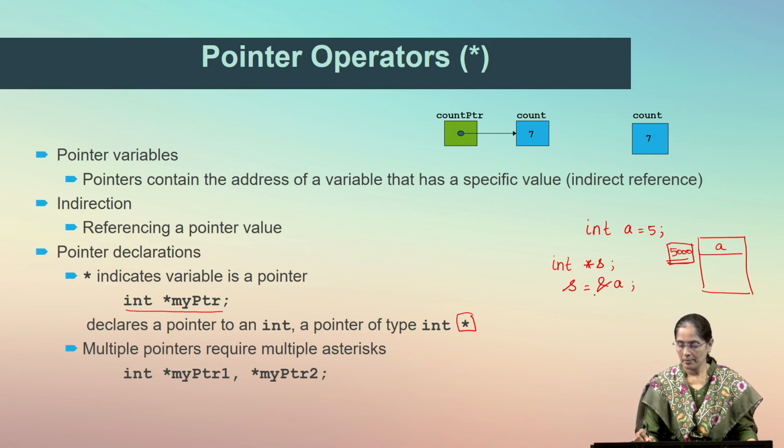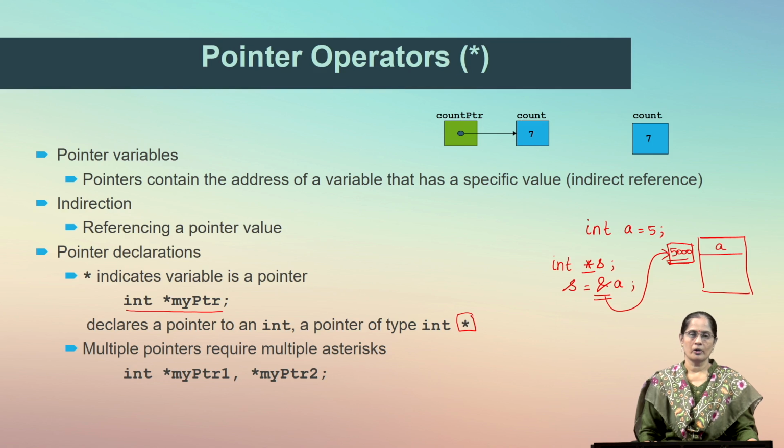Now, the ampersand operator refers to the address of the location where the variable a is stored. Here we use two symbols, one is asterisk and one is ampersand. Asterisk is to declare a variable to be a pointer variable, and ampersand is used to assign the address to the pointer variable. So, this is how the pointer operators are used in C.